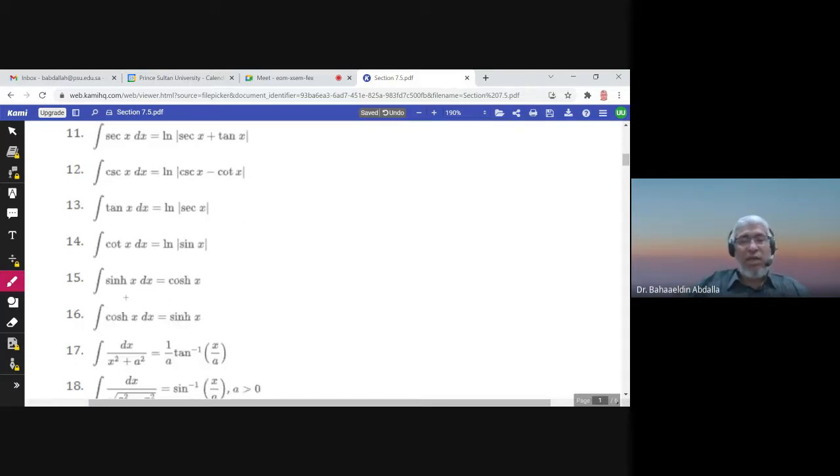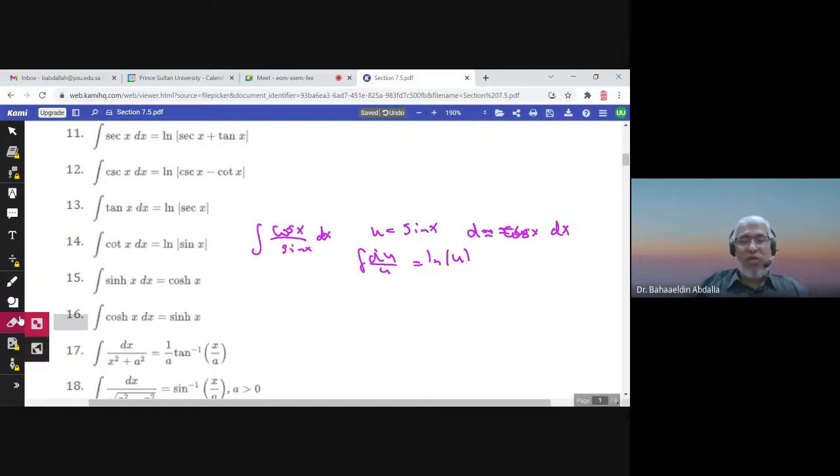Also cotan, integral of cosine over sine, and then you take sine x as u, and du would be cosine x dx, so it would be du over u, ln absolute value of u or ln absolute value of sine. So you don't have to memorize them, you can immediately find them. If you want to memorize them for simplicity when they come as a part of some difficult or long problems, then it's okay.